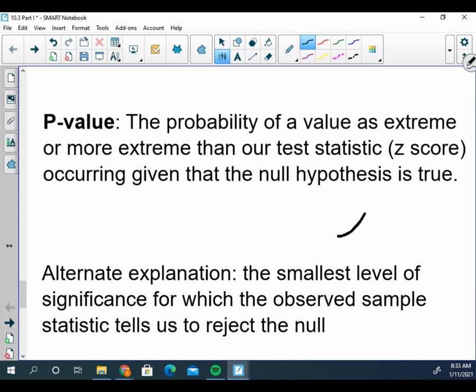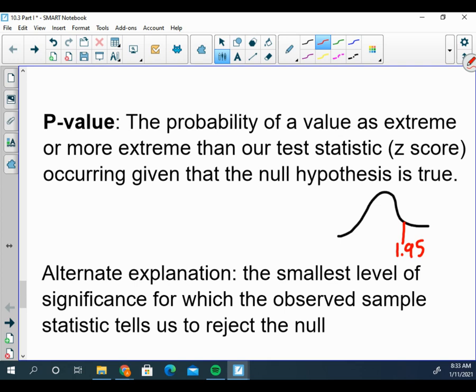And if you want a visual of that, we had that 1.95. That was where our specific data value fell on the standard normal curve, how many standard deviations it was from the mean.